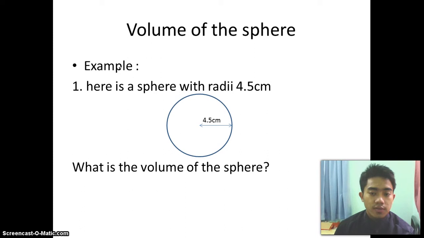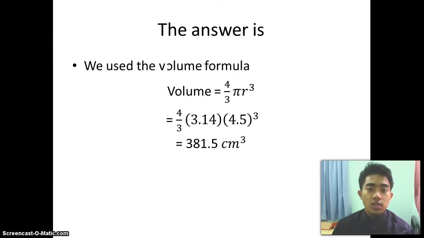The radius is 4.5, so we can just insert the radius into the formula of the volume. The volume formula is 4/3 pi r cube. So we insert 4.5 for r, that is the radius of the sphere, and the pi will be changed to 3.14 or 22/7.